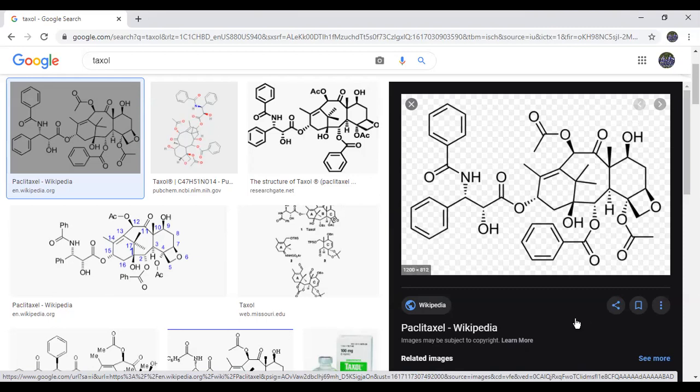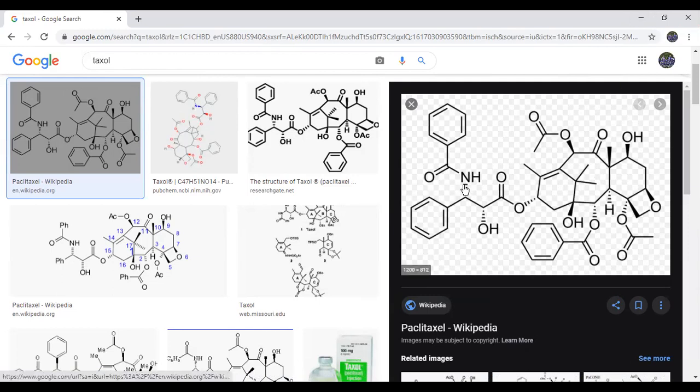So he still gets royalties off of that. But the point is, all of these chiral centers have to be set in this molecule, and they have to be set the right way, because of the way Taxol binds to whatever receptor it binds to in the cancer cell. If any one of these stereocenters is off, or it's not the right configuration, it's not going to bind properly, right?